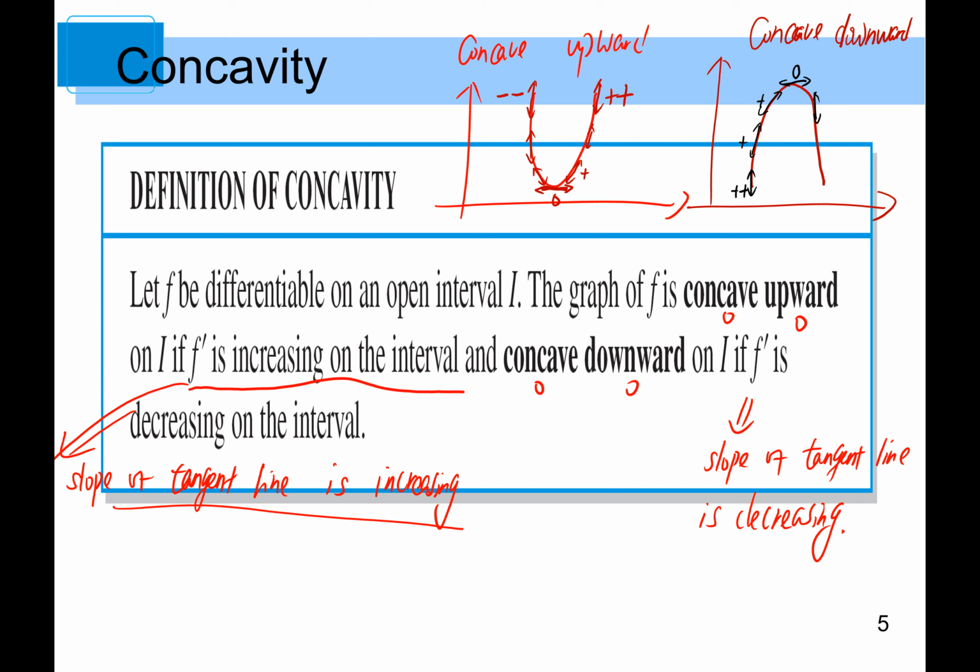Then it keeps getting smaller and smaller, very negative. Start with a big positive number, to 0, until negative. So that's why the slope of the tangent line is decreasing here for the concave downward case.